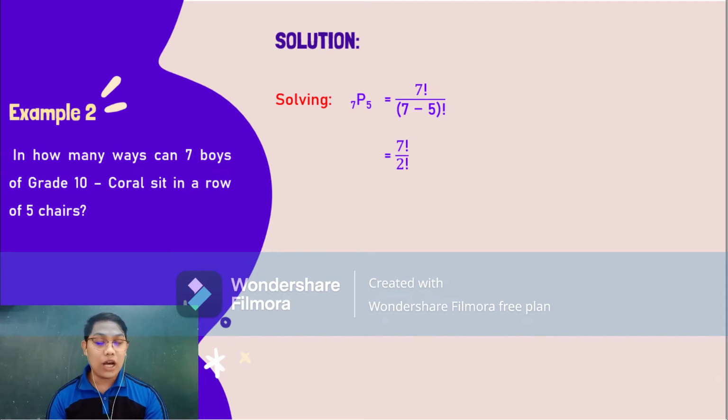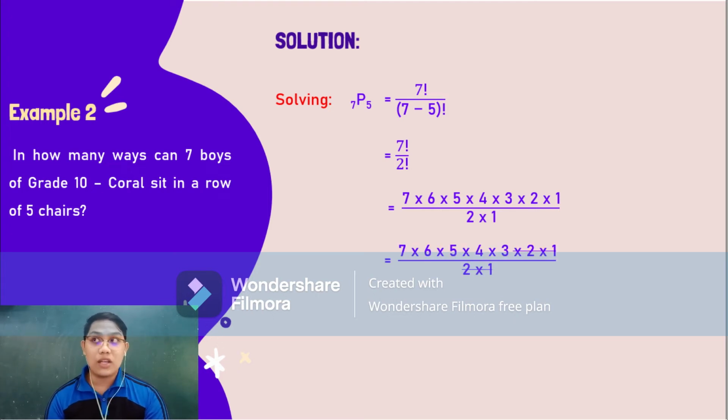Then, computing the factorial, 7 factorial is equal to 7 times 6 times 5 times 4 times 3 times 2 times 1. And 2 factorial is equal to 2 times 1. Same as what we did, we could cancel out 2 times 1 because 2 times 1 over 2 times 1 is equal to 1.